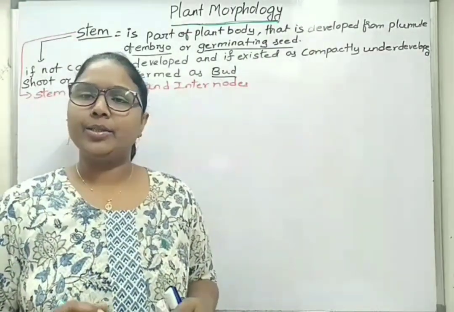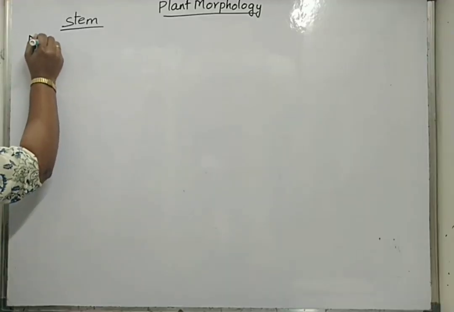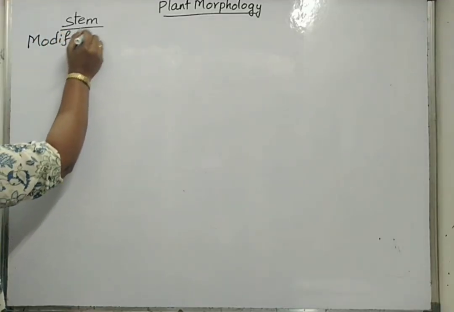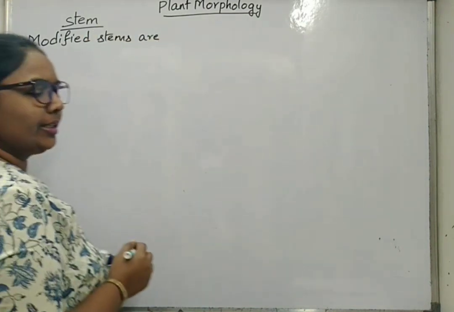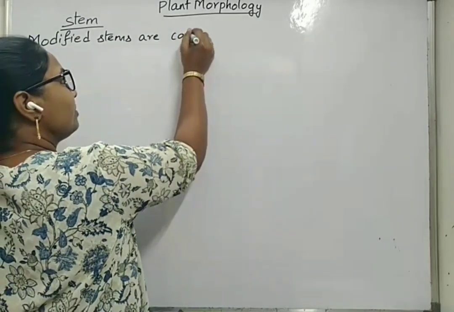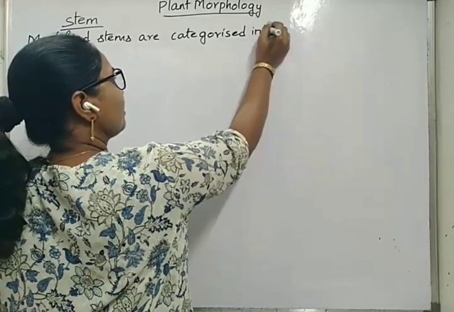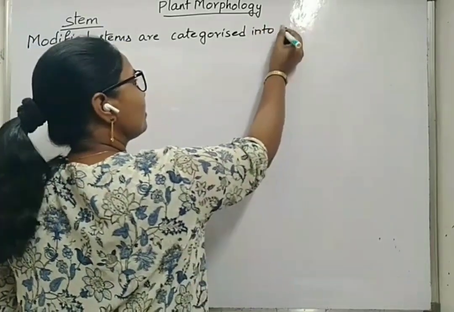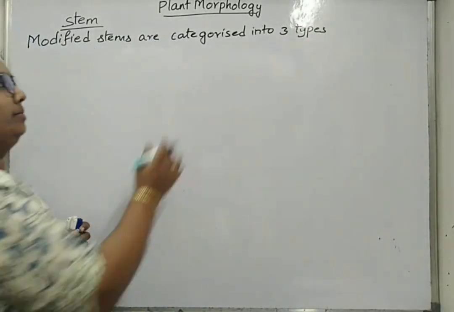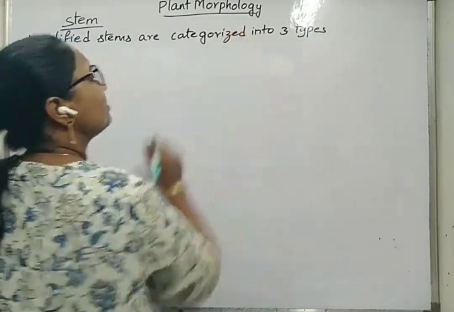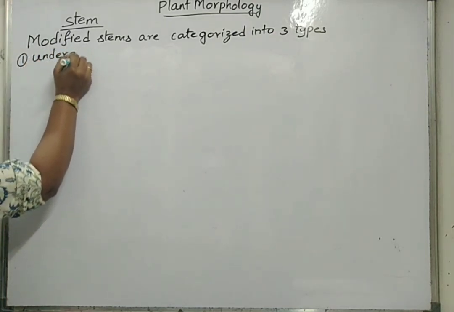Stem is modified into different other types of structures based on the requirement. Modified stems are categorized into three types. First one, underground stems.